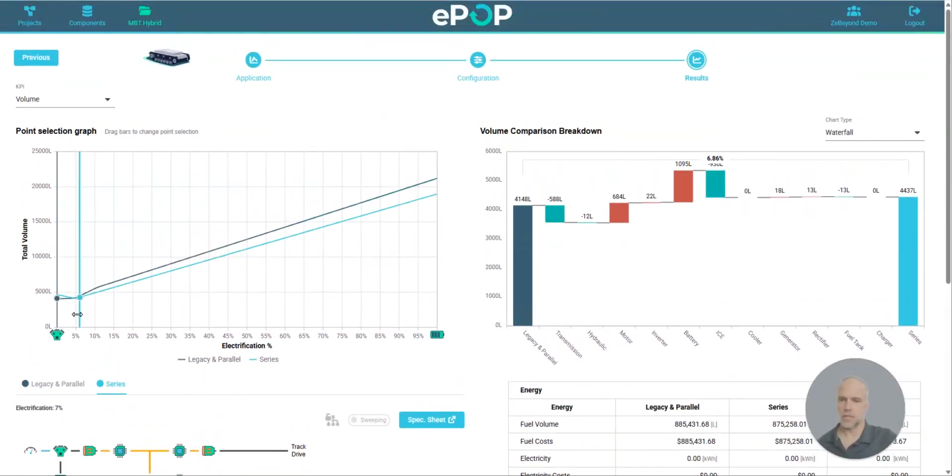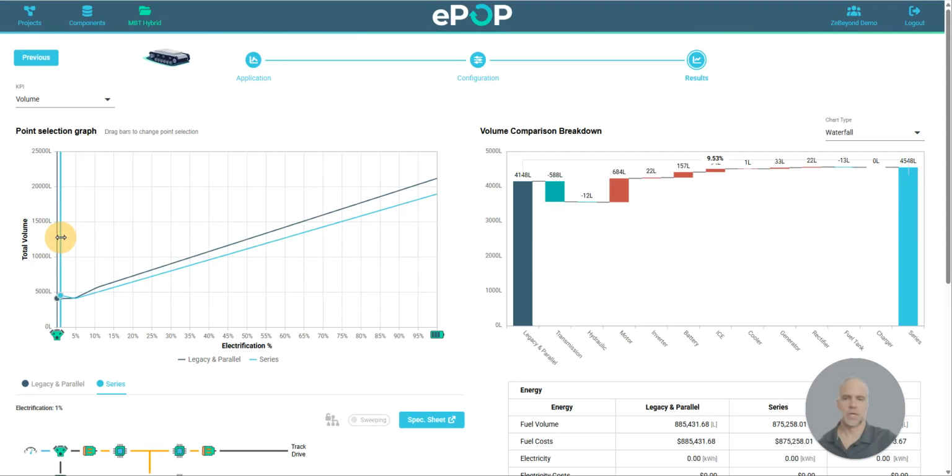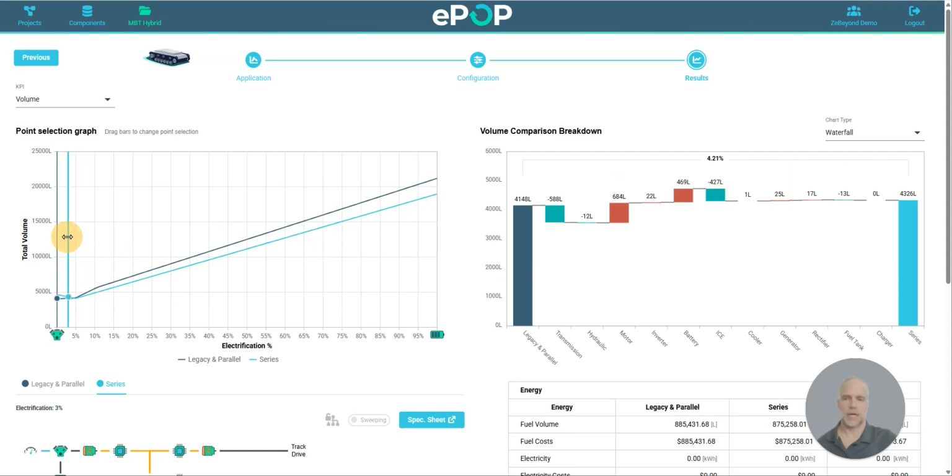It seems as though, and this is a dynamic swap analysis, as you add batteries to the series up until this point here, you're able to achieve a local minimum on the volume, essentially the same volume as the legacy, by decreasing the transmission but increasing the motor and the battery.